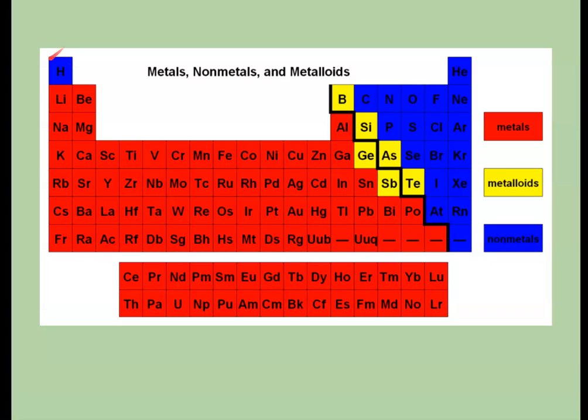But keep in mind that hydrogen is over here. It's over here because it only has one valence electron, and there's other reasons as well, but it is a non-metal. You can see most of the elements on the periodic table, the majority of them, are metals, whereas a very small handful of elements are actually non-metals.